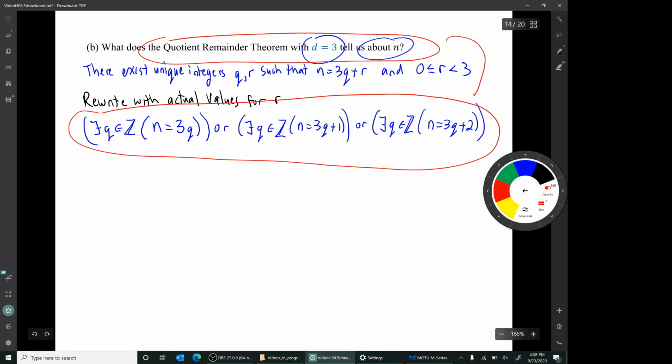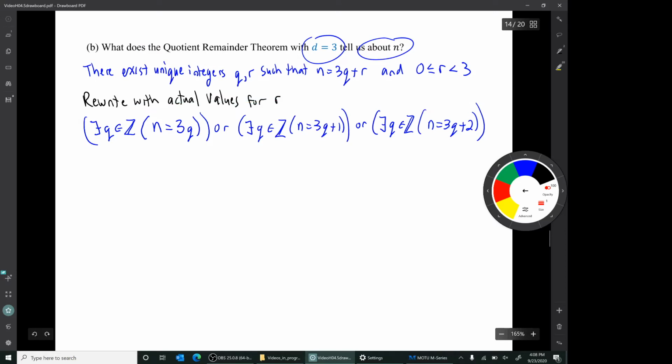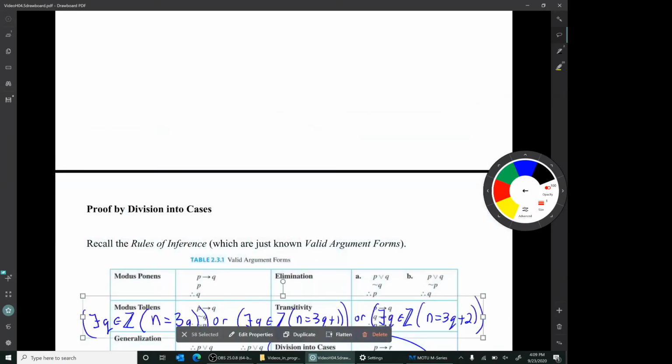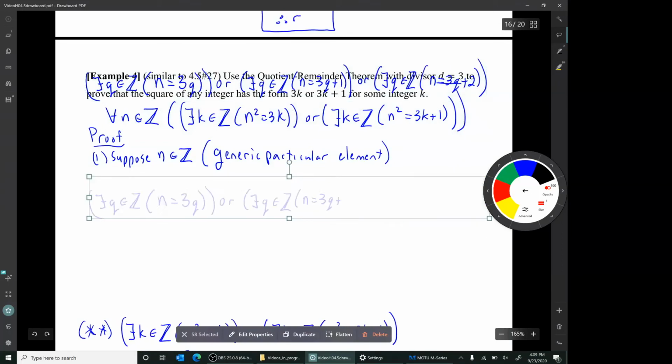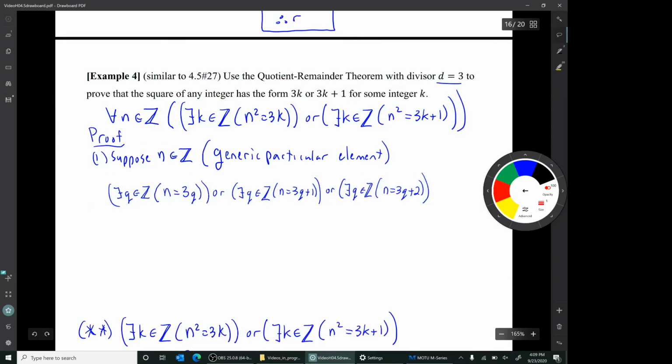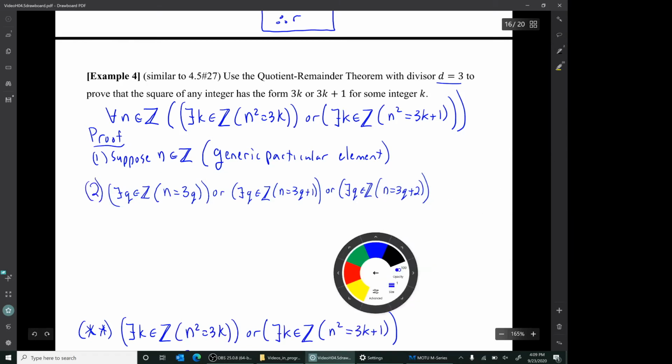It tells us this. So let's copy this whole statement and move it down. So there's our great big OR statement, and I'm going to justify this by saying it's by the quotient remainder theorem with divisor d equals 3.